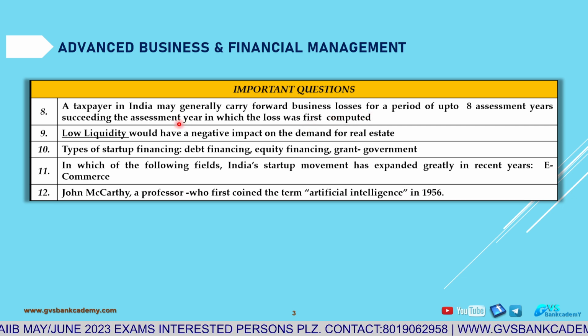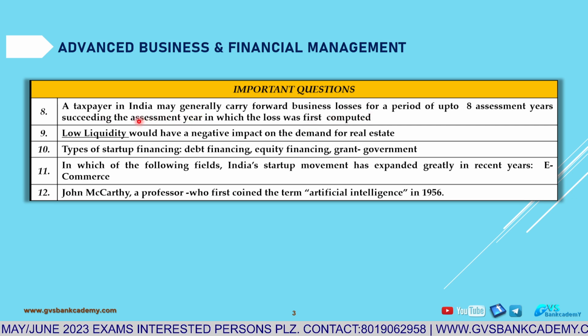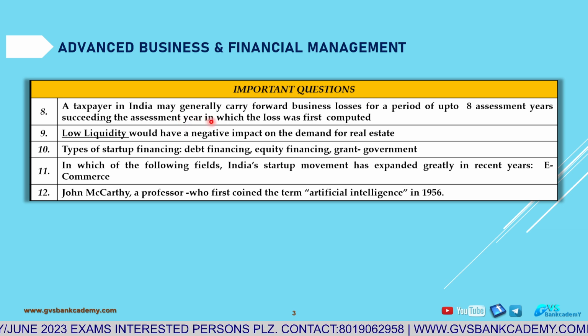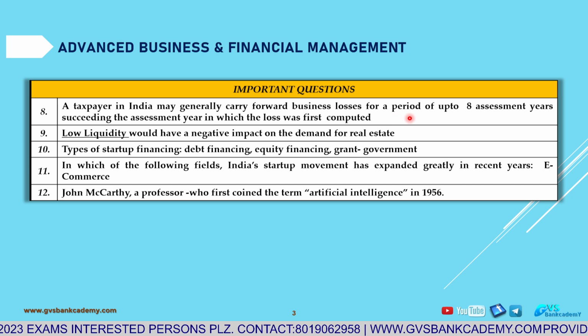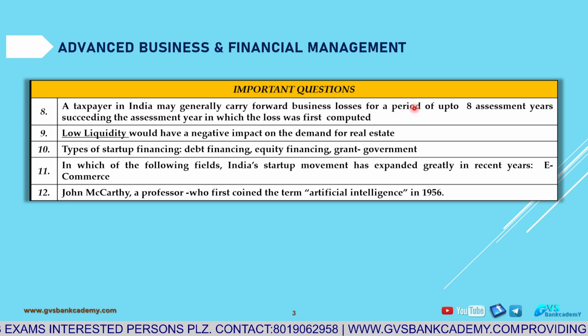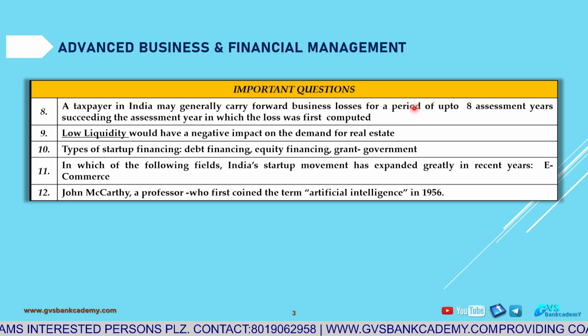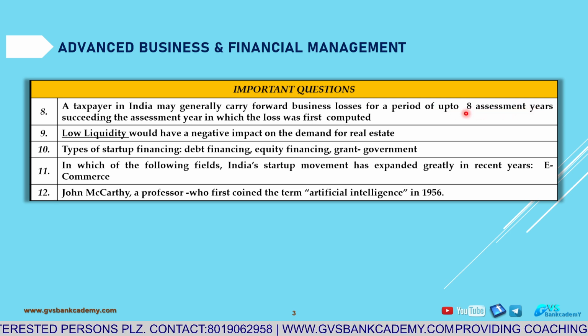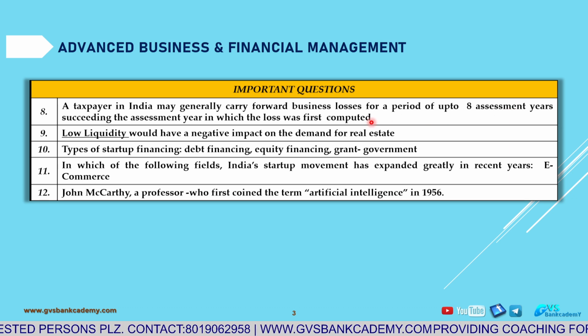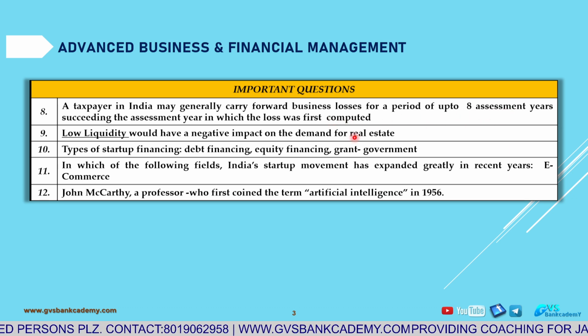They can adjust these losses against the profits of the company up to 8 assessment years. This is for loss making companies.